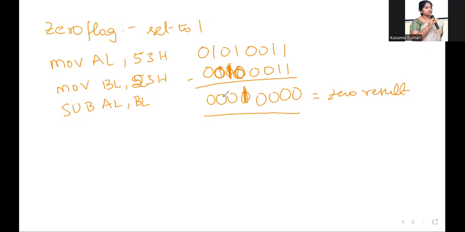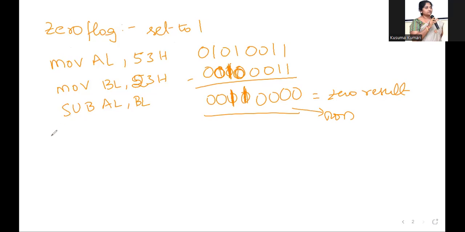Here, even number of ones are there, but the result is a non-zero result. So for this non-zero result, the zero flag is reset to 0. That is the zero flag and parity flag.